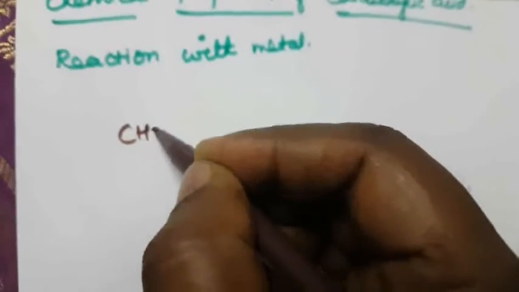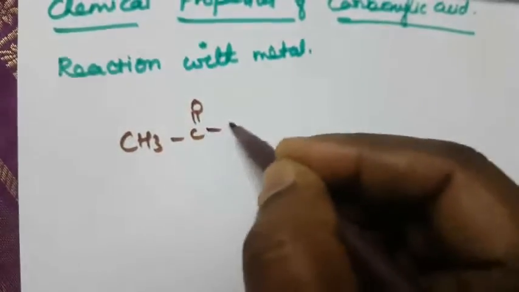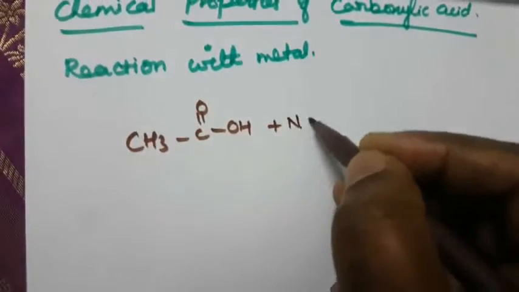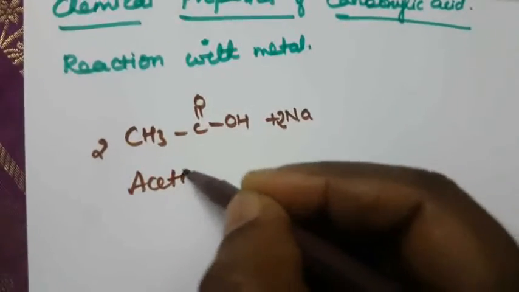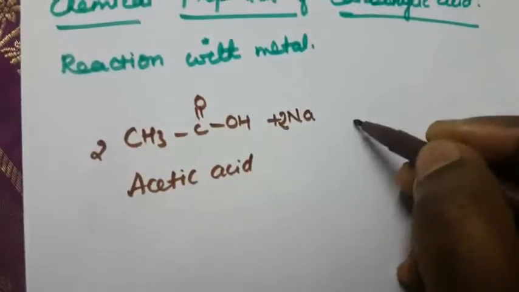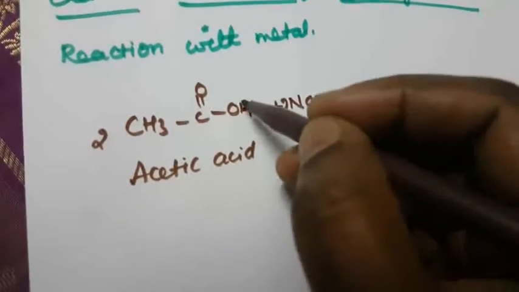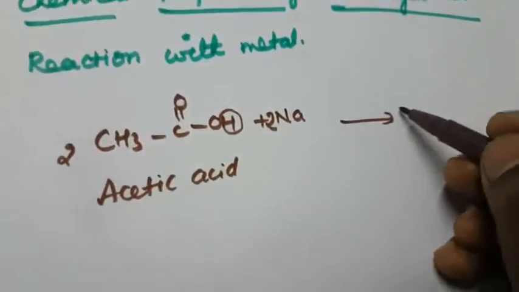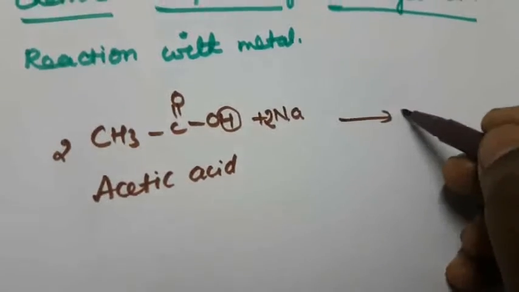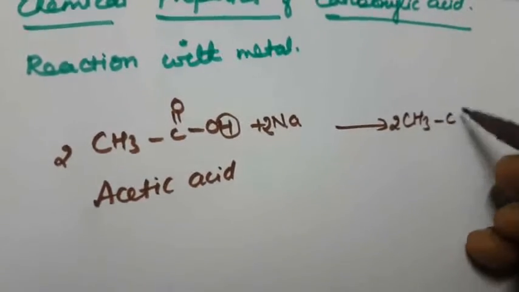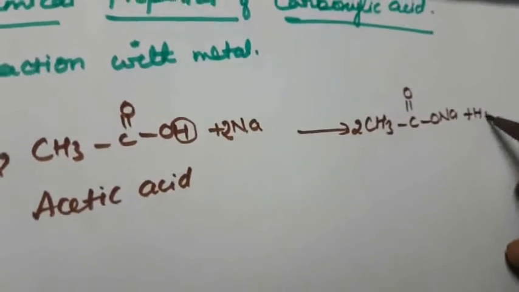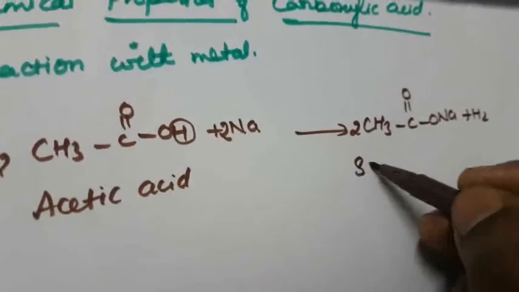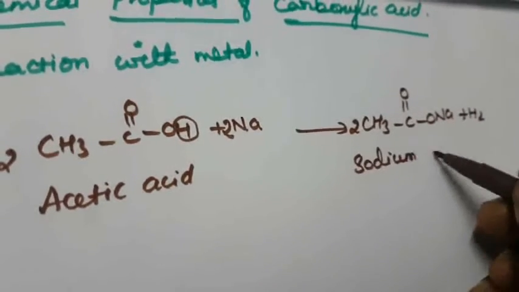Acetic acid, CH3, C double bond O, OH, plus Na, sodium. The H will be removed and it forms ONa, sodium acetate: CH3, C double bond O, ONa plus H2. The compound name is sodium acetate.